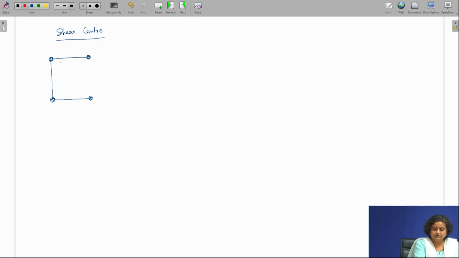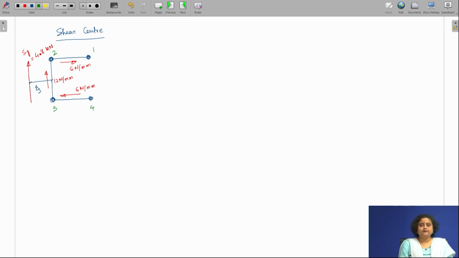So I have a shear flow of 6 Newton per millimeter, 12 Newton per millimeter, and 6 Newton per millimeter. And then I have a shear force Sy equals 4.8 kilonewton, which is at a distance zeta from the vertical web. So let me put the names 1, 2, 3 and 4.